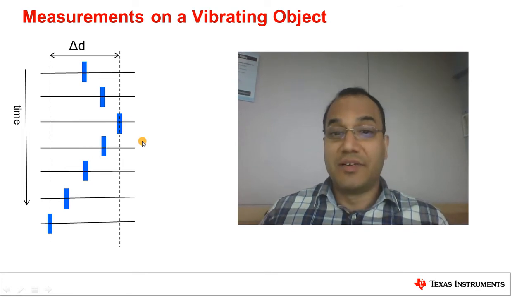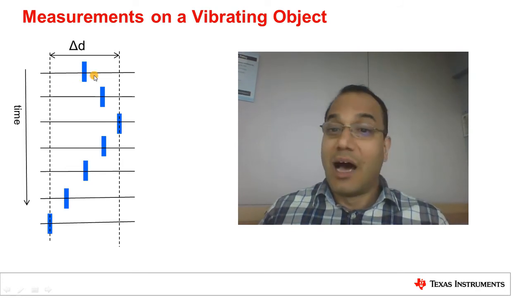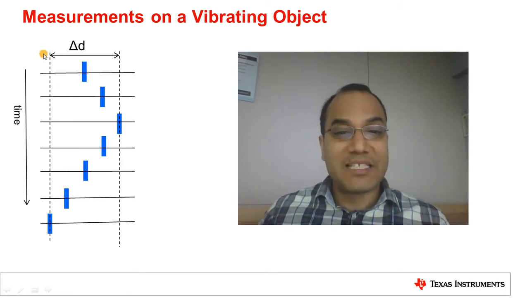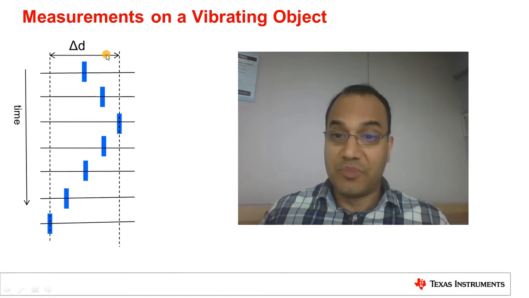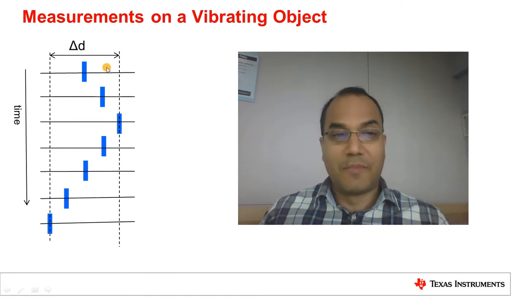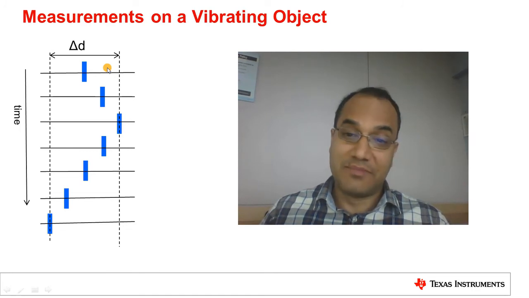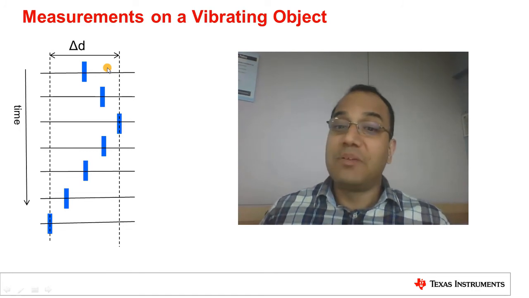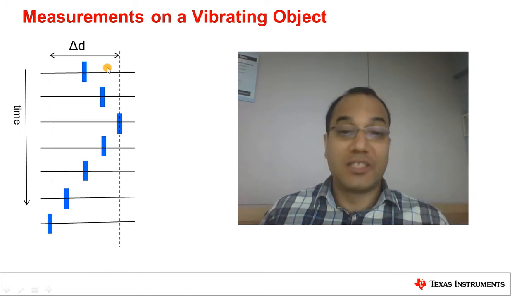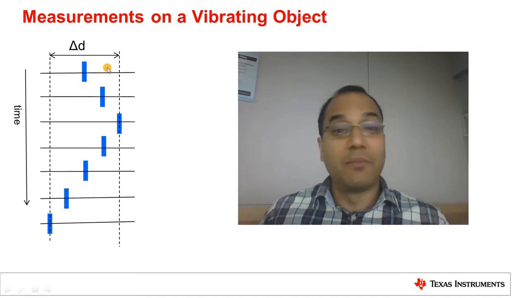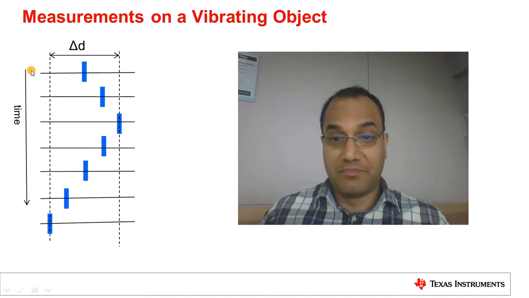The assumption here is that these movements are very small, so that the maximum displacement delta d of the object is a fraction of a wavelength, for example, a millimeter or less. Now what happens if we place a radar in front of this oscillating object and transmit a bunch of equispaced chirps?